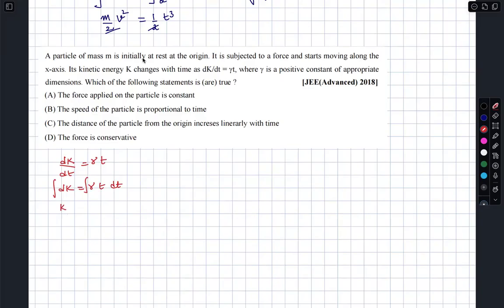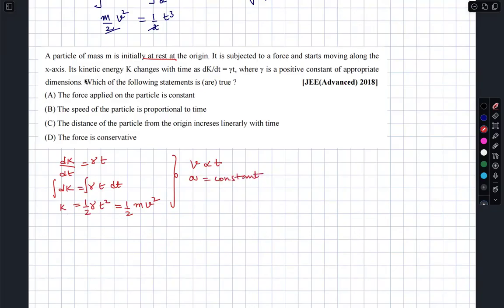I think it's mentioned gamma t square, right? And that is one aspect, and this is also the same as half m v square. So one thing is very clear from this: v is proportional to t and acceleration is constant.